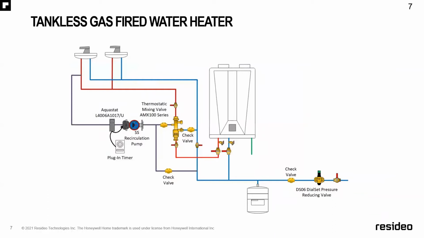Well, we're going to start with what we've been seeing a lot more in the marketplace. Traditionally, we've been exposed to a tank, like a 40-gallon, a 30-gallon, all the way up to 120-gallon storage tank in a basement, whether it's a residential application or a commercial application, with a burner, a gas valve, a thermocouple, or a thermopile.